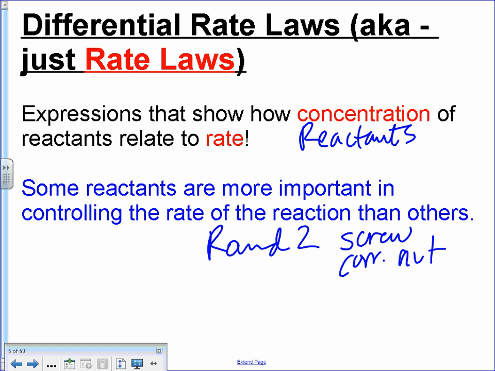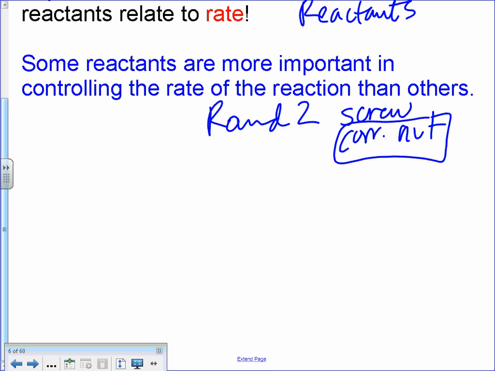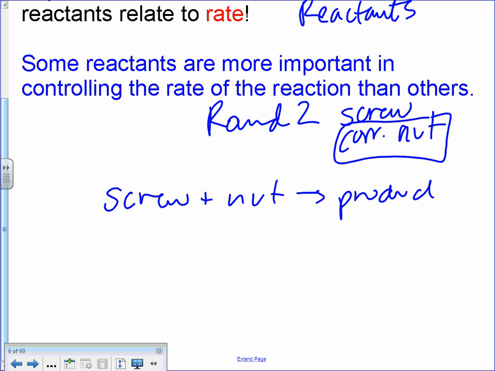Which of those was more important in determining the rate? The correct nut. Your reaction may have been screw plus nut equals product, but the nut was the one important in determining the rate of the reaction.